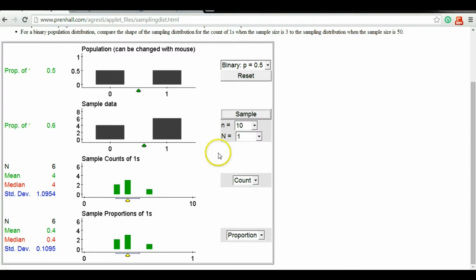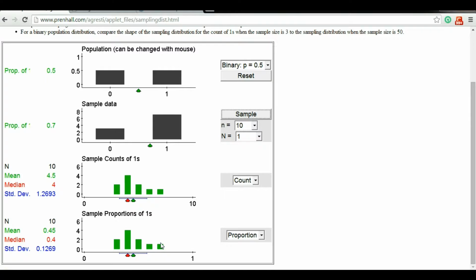And there's 7. So that one came out to be 5 and 5. Then another 5 came up, and another 4 came up, and that time 7 people, or 70% of our sample, like Powerade.